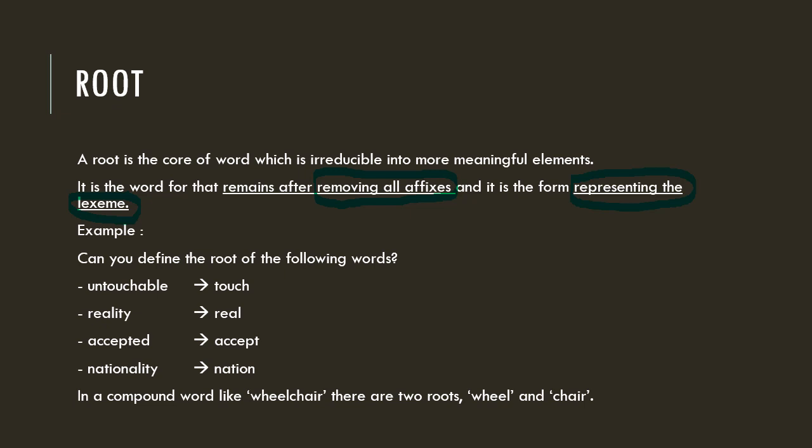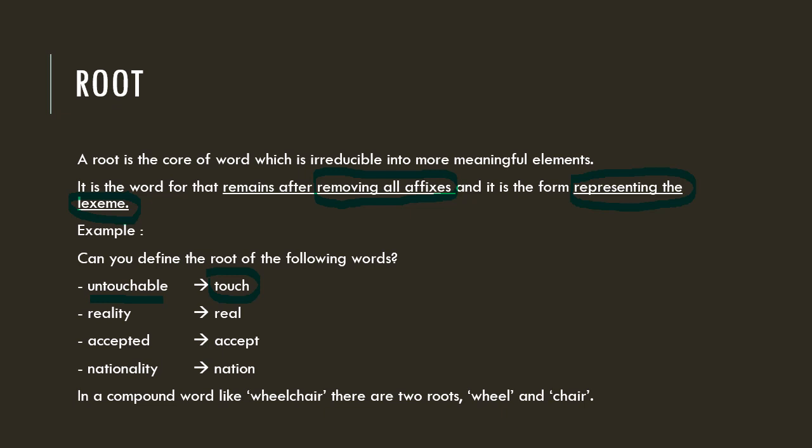Now we have several examples here. We have the words untouchable, reality, accepted, and nationality. The word untouchable, if you remove all the affixes, then you will have the word touch as the smallest, the irreducible, tidak dapat dipecah lagi, element of the word.